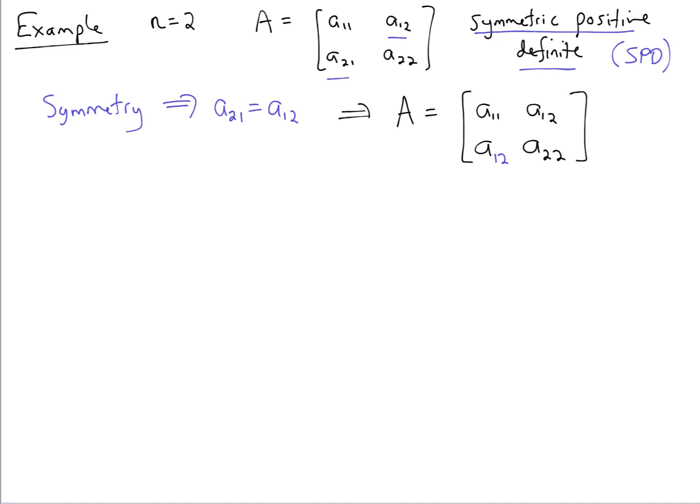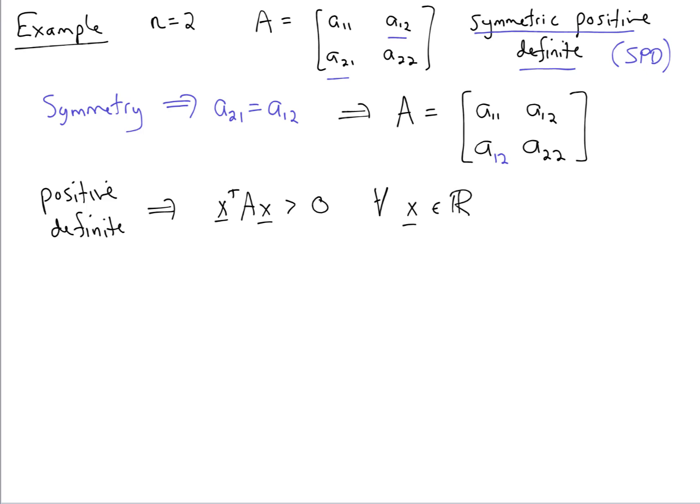Now, because it's positive definite, we know by definition that x transpose Ax is greater than 0 for all x in R2, so vectors with 2 real entries, such that x differs from the 0 vector.